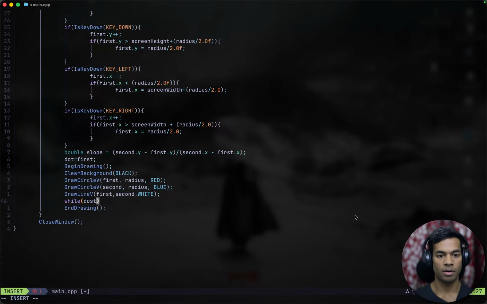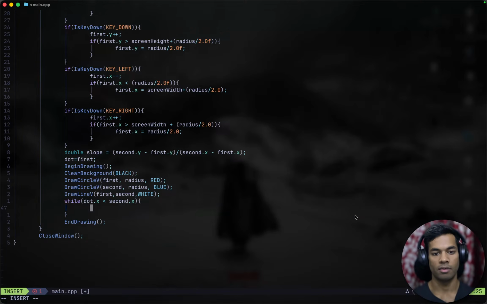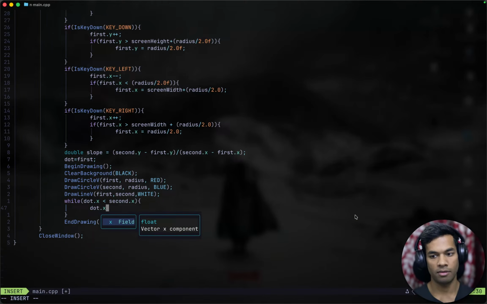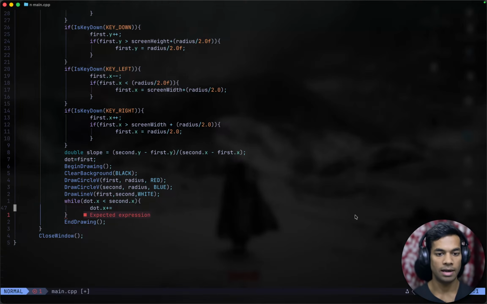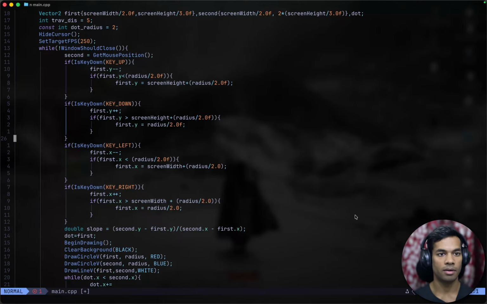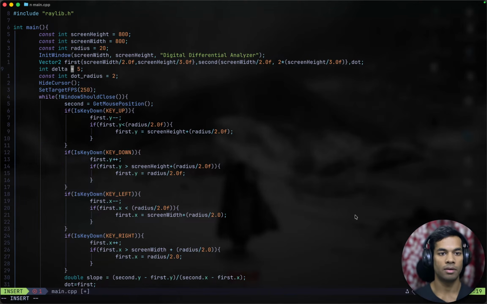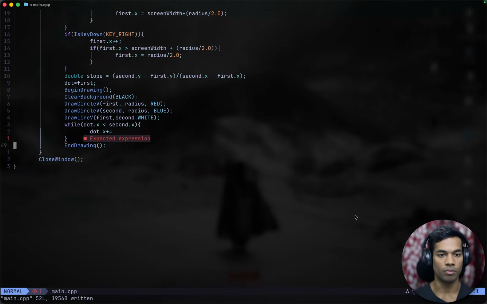While dot x is smaller than second dot x, we will update dot x plus equals the delta that we are moving. Let's call this delta. That sounds more professional. And let's make this 2.